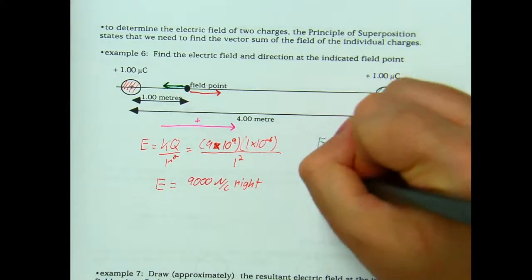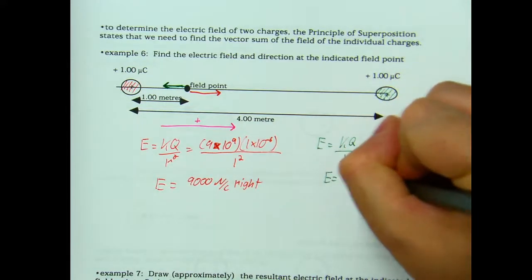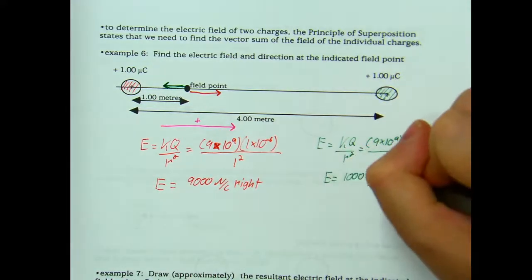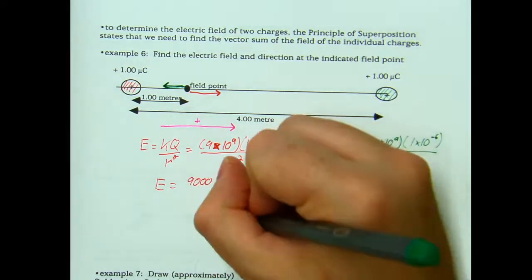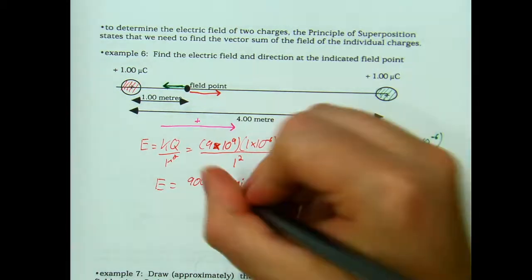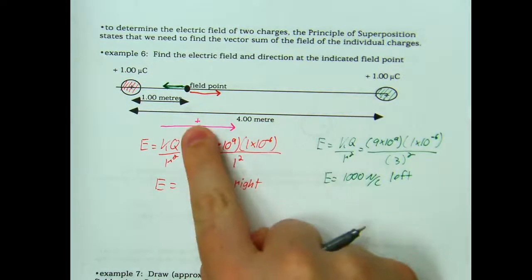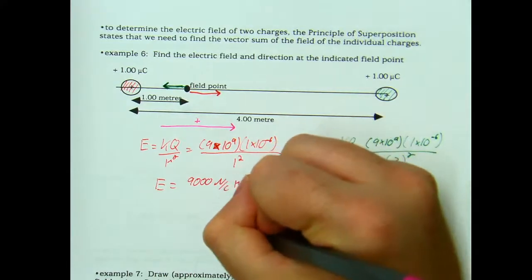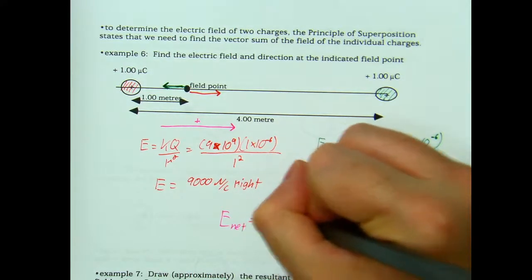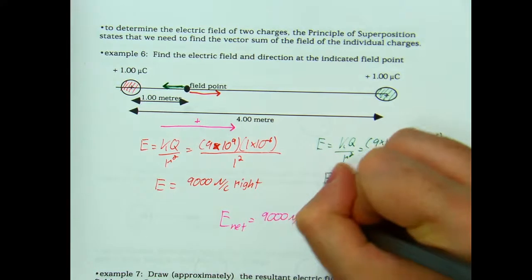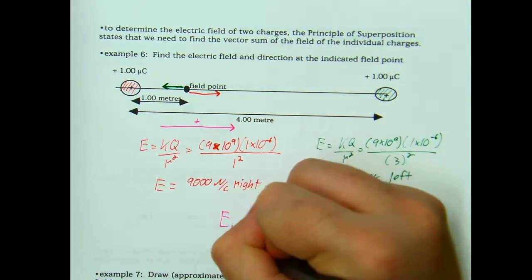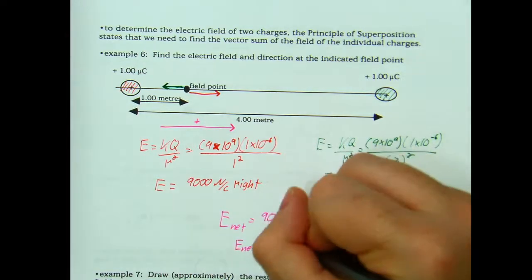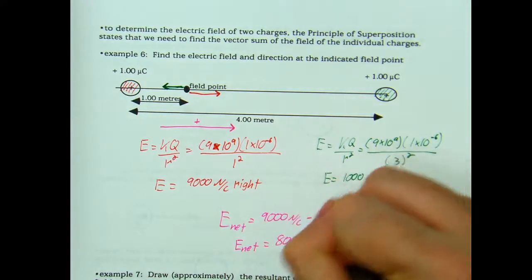So the electric field strength here is 1,000 newtons per coulomb to the left, which means that the net electric field, we said to the right was positive, so the net electric field is going to be 9,000 newtons per coulomb minus 1,000 newtons per coulomb, which is going to give us a net electric field of 8,000 newtons per coulomb.